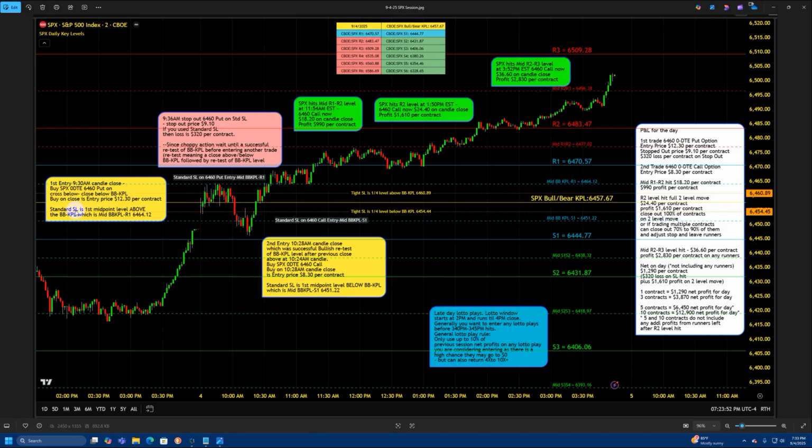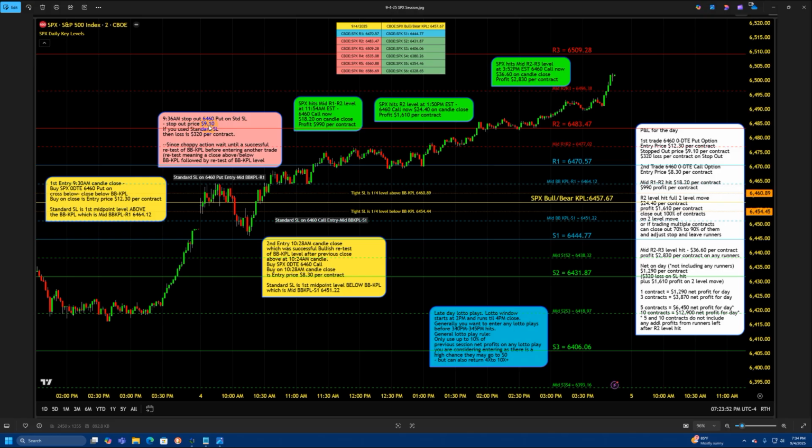Your standard SL is the first midpoint level above the BBKPL, which is mid BBKPL R1, 64.64.12. As you can see here, just a few candles later, it did touch that level, so we're stopped out. And on this particular stop out, the price was $9.10. You'll see later when we look at the Thinkorswim option charts that on the stop out we're taking the lowest price of the candle.